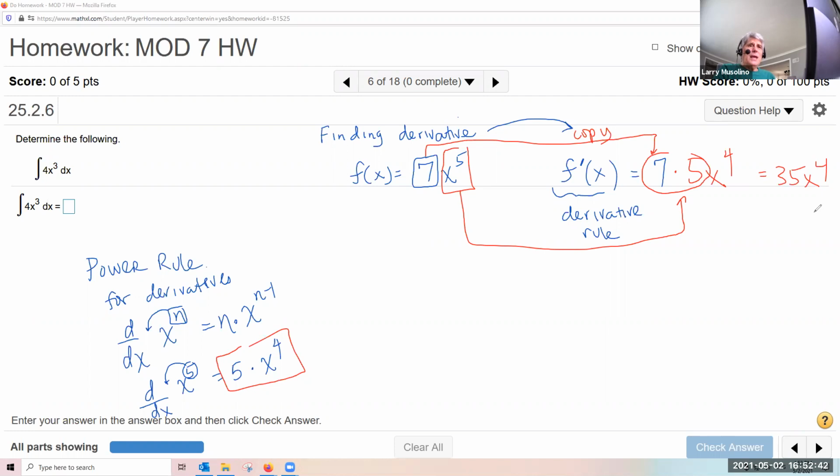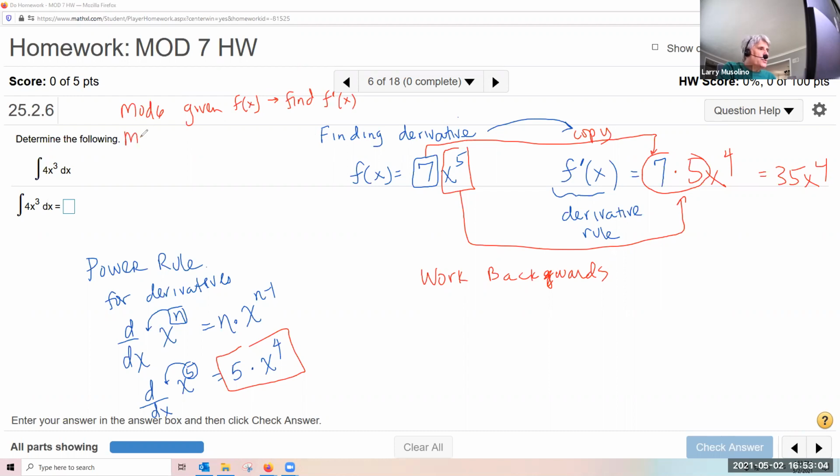What we want to do now in Module 7 is work backwards. In Module 6, you were given f of x, the original function, and you wanted to find the derivative function.